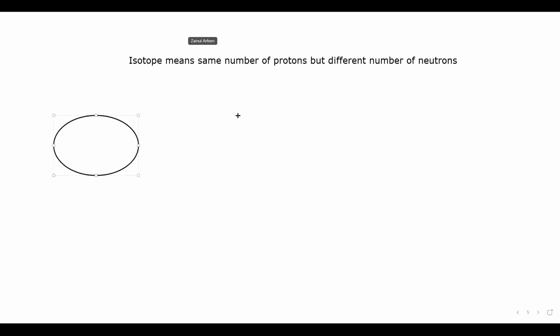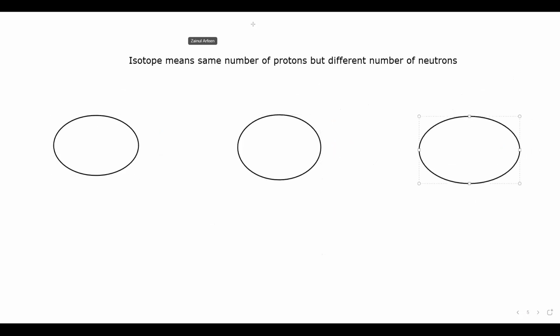So if you have a structure, how many protons? Here the pink shade is representing a proton and the gray shade is representing the neutron.